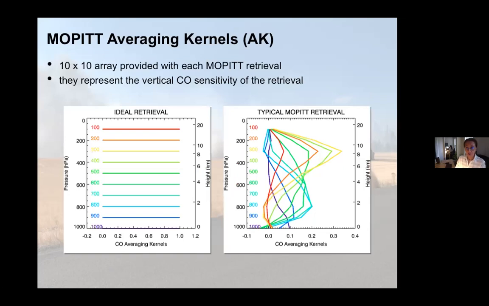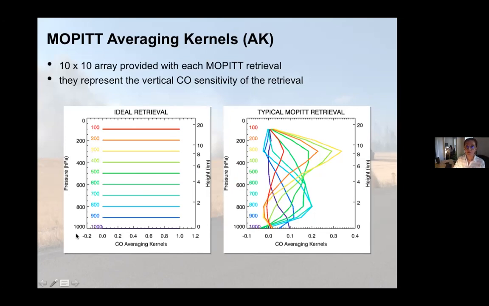With each retrieval, we provide the averaging kernels for that retrieval. And the averaging kernels show the vertical sensitivity of the retrieval to CO. Here on the left, you have ideally, and I should say, MOPITT provides columns in 10 levels.